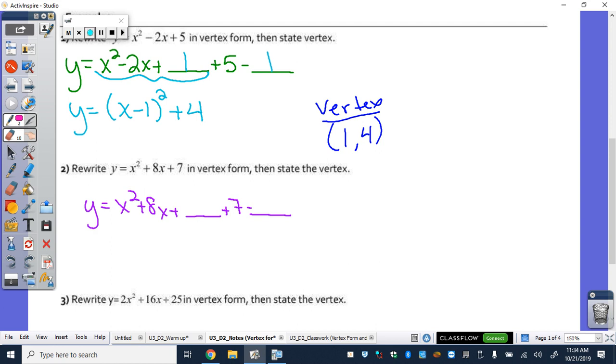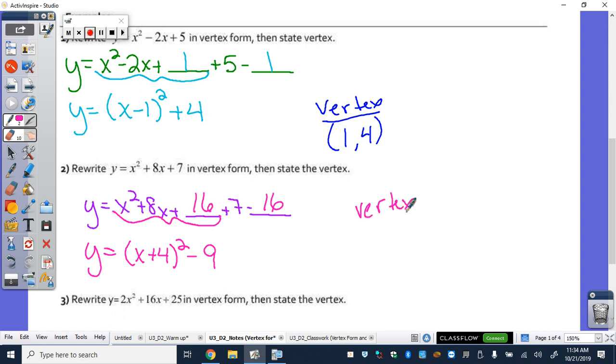So what number is going in our space? 16. So those first 3 terms there, how does that factor? X plus 4 squared. And then 7 minus 16 gives us a minus 9 at the end. So there's our vertex form.